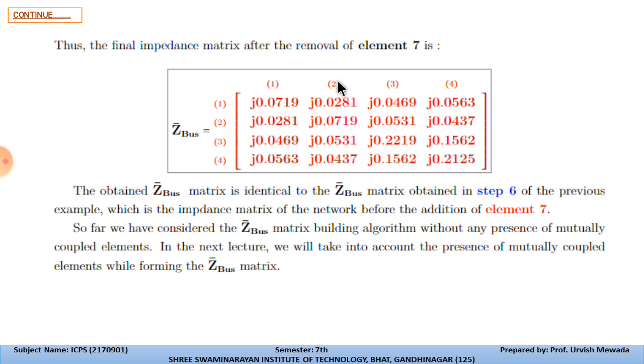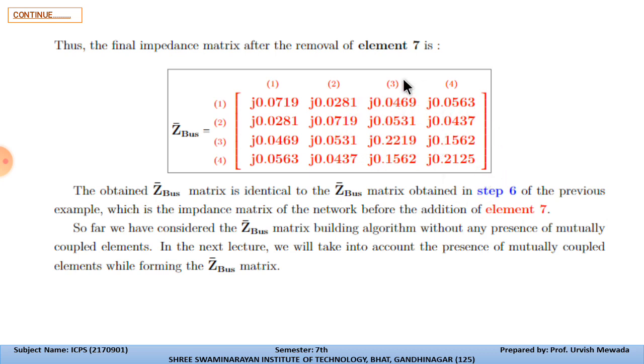The obtained ZBus matrix is indicated, see, it is identical to the ZBus matrix obtained in step number 6, that we already derived in step number 6. So the previous example is the impedance matrix of the network before the addition of element number 7.